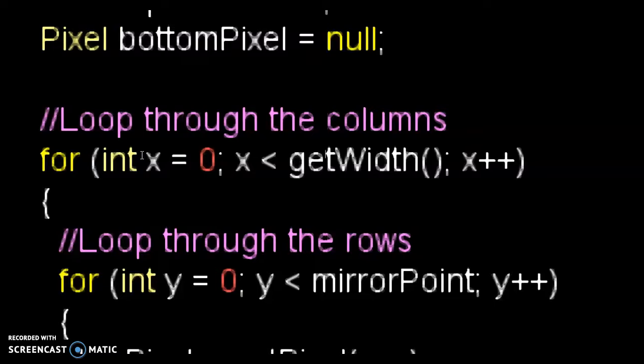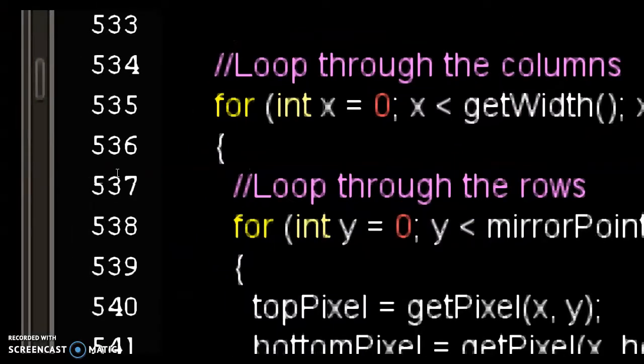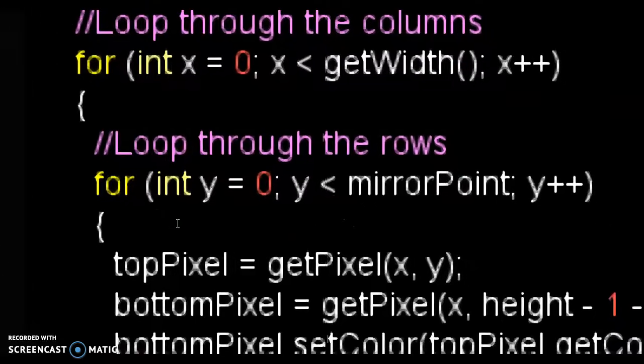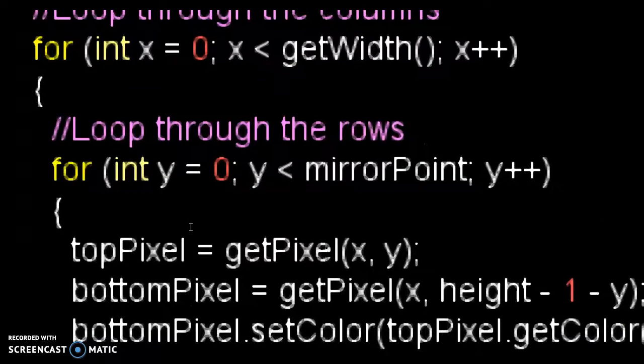Next, you see we start the body of that loop on line 537, but it's important to see that we're starting with another for loop, but this time it's inside the first. This is our nested loop. The nested loop begins with for int y equals 0, y is less than mirror point, y plus plus.